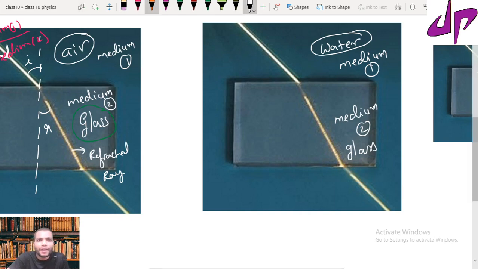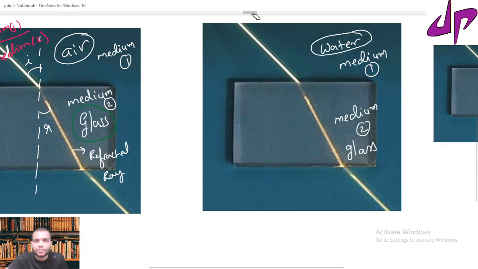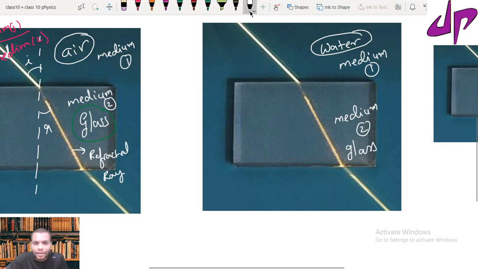Now I need to write the refractive index of glass with respect to water.